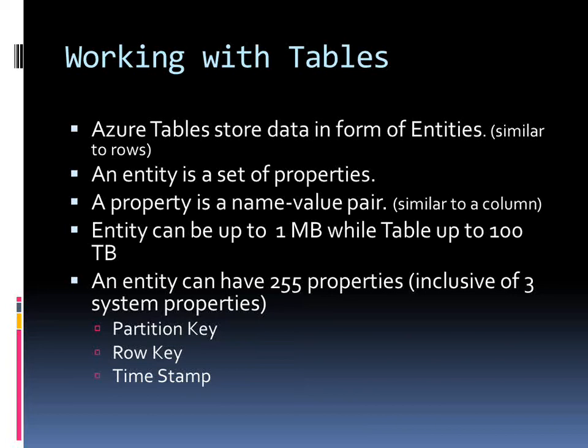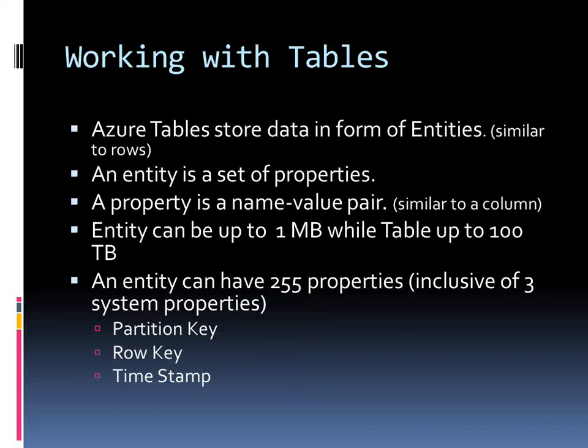Now every entity can be up to 1 MB, while the table can grow up to 100 terabytes. Again, a huge size to have. At max, a particular entity can have 255 properties, and this 255 number includes the 3 system properties which are added by default.